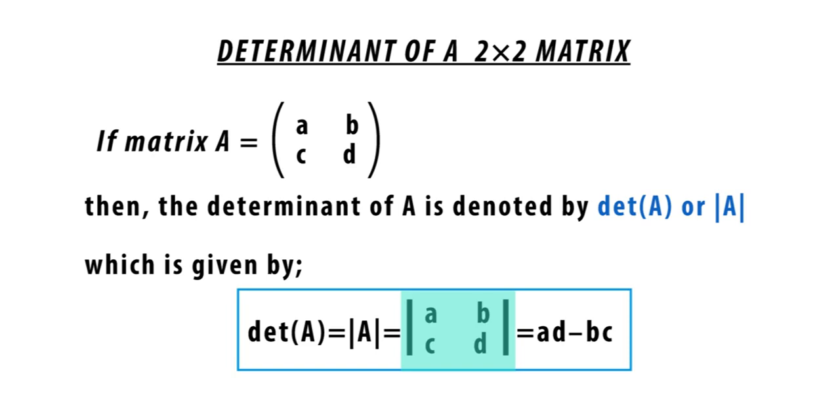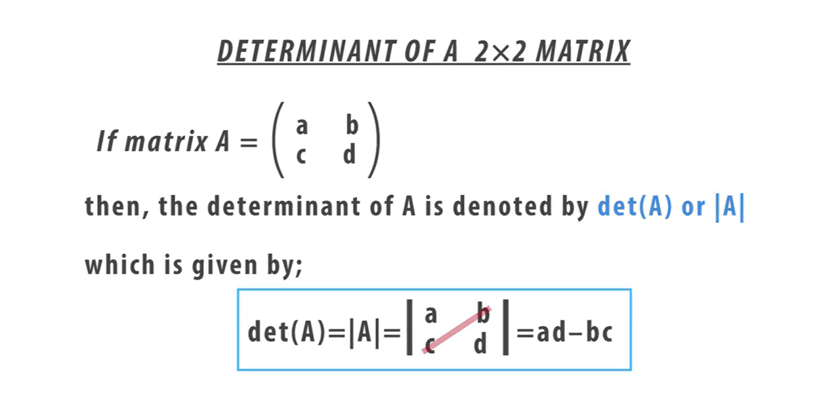And so det A is equal to ad minus bc. That is the product of the major diagonal minus the product of the minor diagonal.